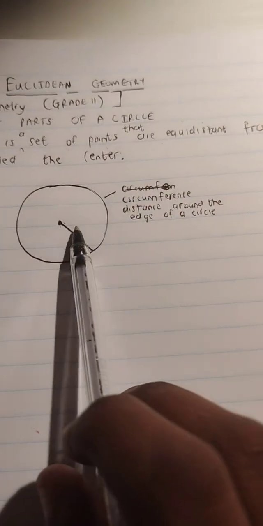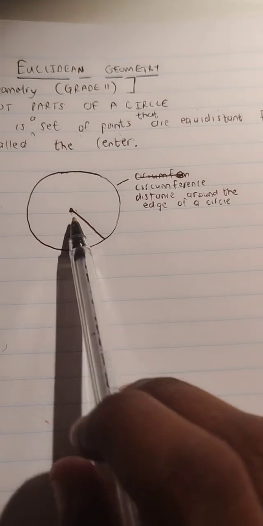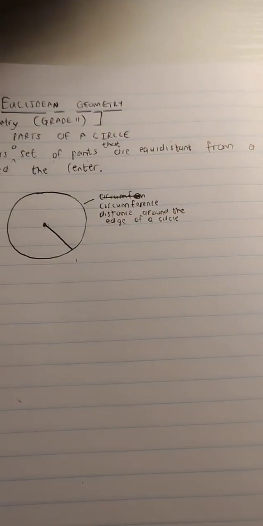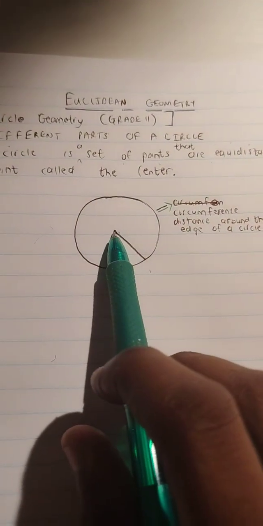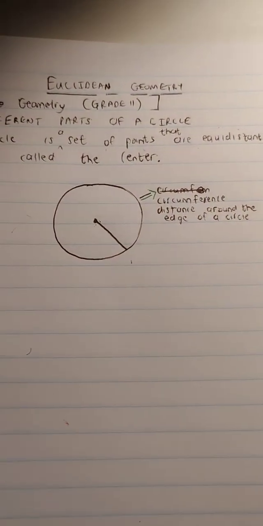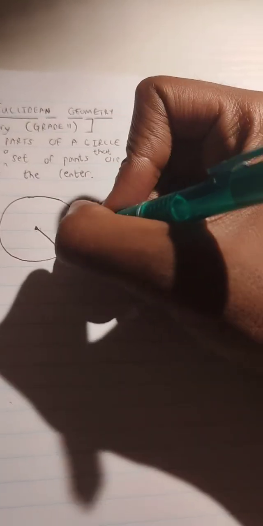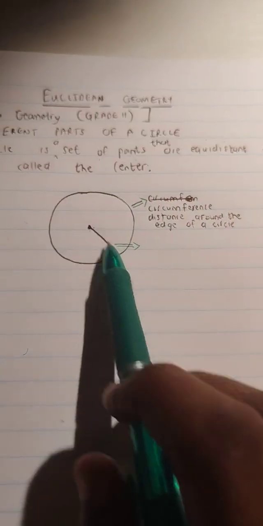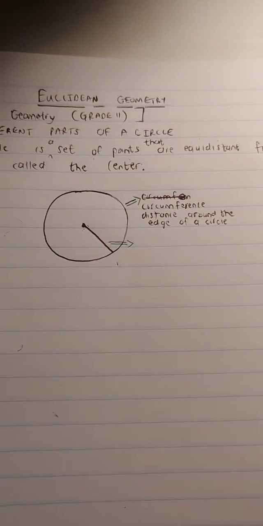Then a line from the fixed point, the center, to the circumference, we refer to that as what, guys? What do we call that line? Come on, help me out. I know you know. The line from the center to the circumference is called the, thank you Molimo, the radius.